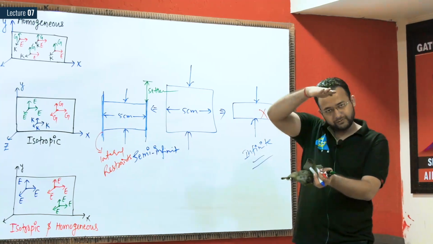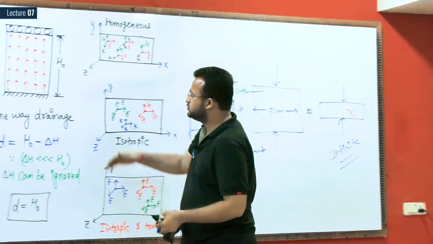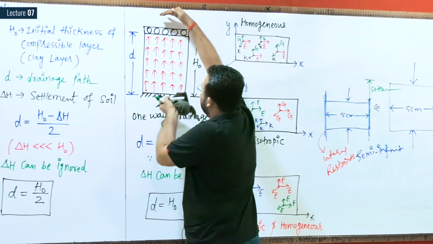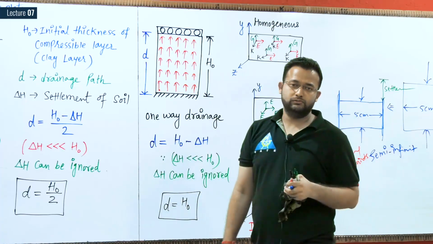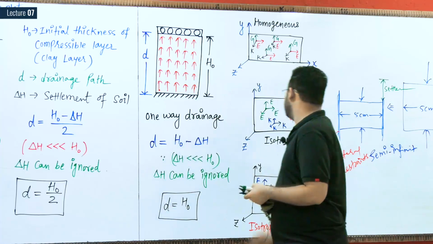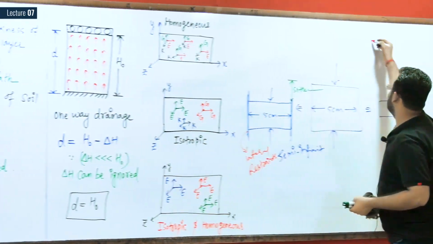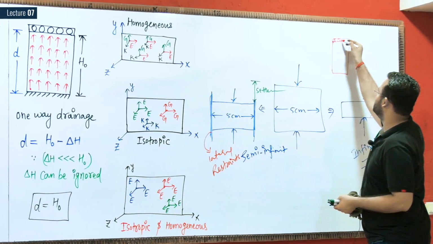So when the volume of soil will reduce in vertical direction, something like this. If you assume I am applying the load, water will come out, draining out. So water cannot drain out in this direction. If this is the soil sample, we have kept a drainage system here.